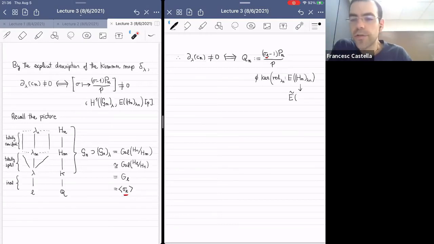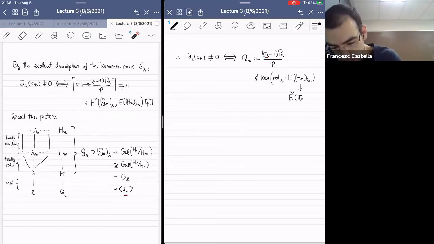So when we look at the residue field of this H_n at lambda_n, we get the residue field that we already saw yesterday, the field with L squared elements.